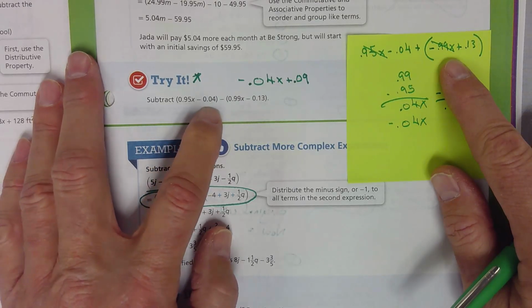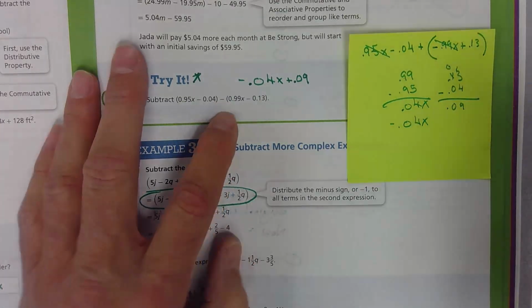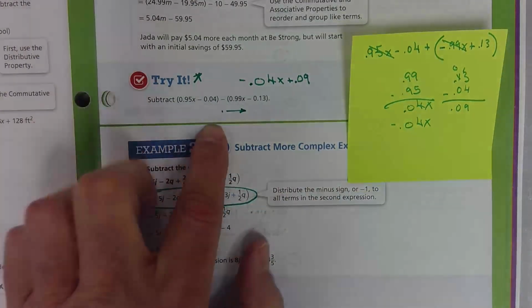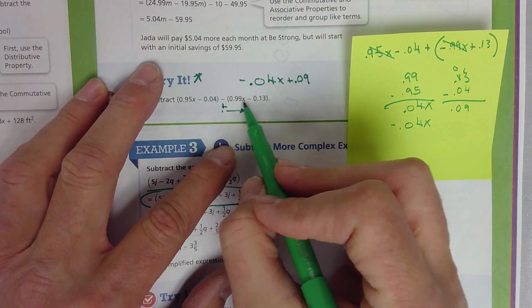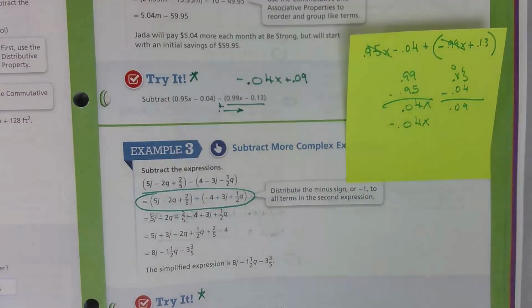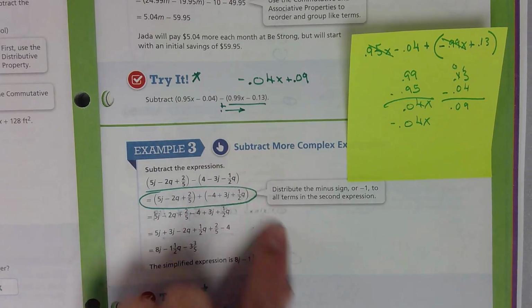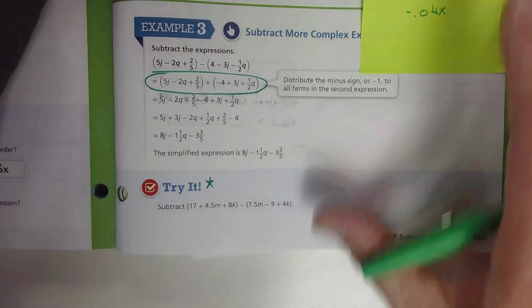No, only the one that follows this. So from this point on, I'm going to be changing the signs. So this becomes positive, and then I'm going to change the sign of everything in the parentheses here. This first part doesn't change.